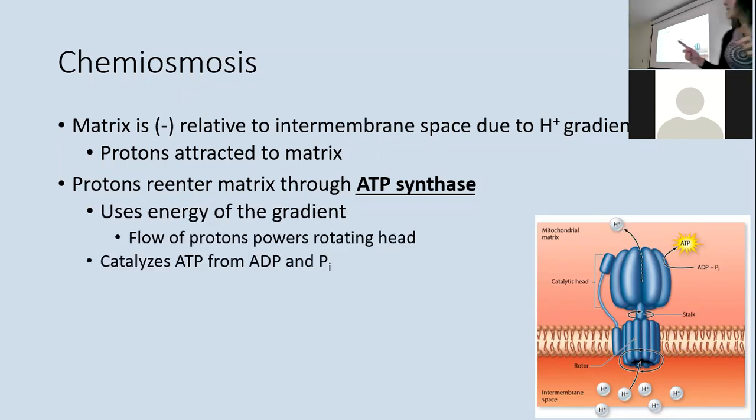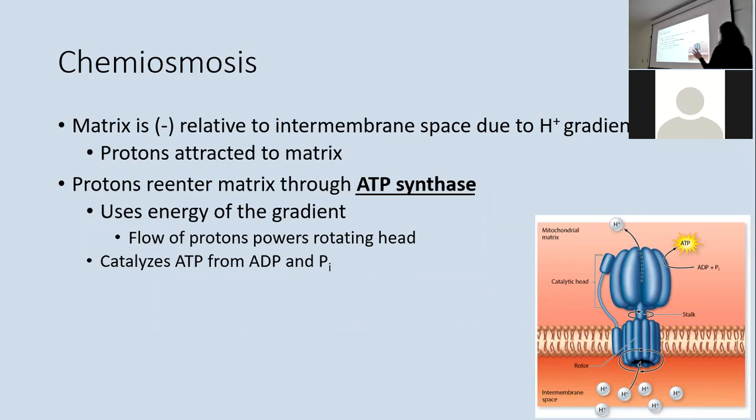So the movement here of charged particles, this thing is actually like a little turbine engine. As you push these charged particles through, the whole thing spins. It's like a little turbine. So the protons are powering the spinning pump. And once ATP synthase starts spinning, it starts cranking out ATP, using up all the ADP and phosphates that are hanging around, because it's being powered by these protons going through it.